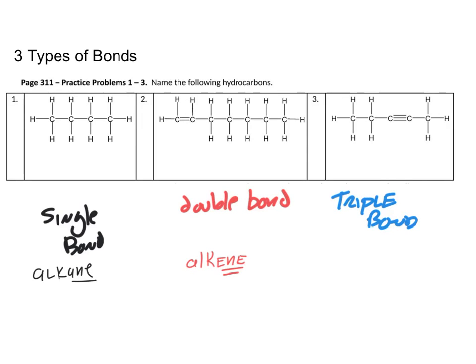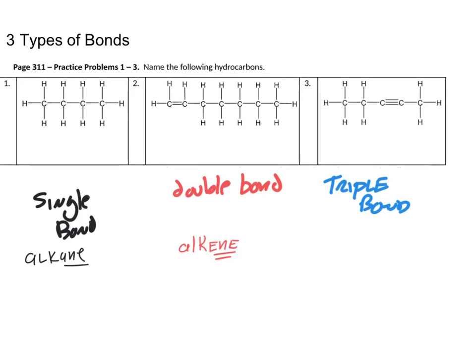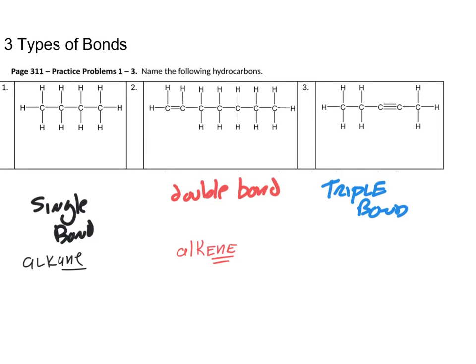And that alkene tells us the fact that there's a double bond located somewhere in the hydrocarbon. And then lastly, the third type of hydrocarbon has a triple bond, and it's called the alkyne. And that tells us that there's a triple bond present.